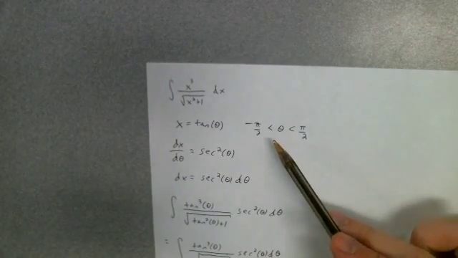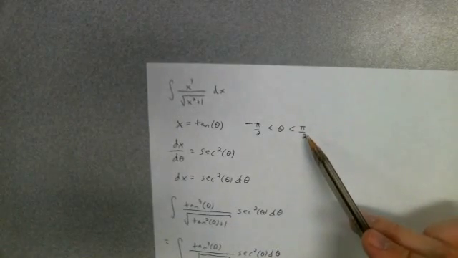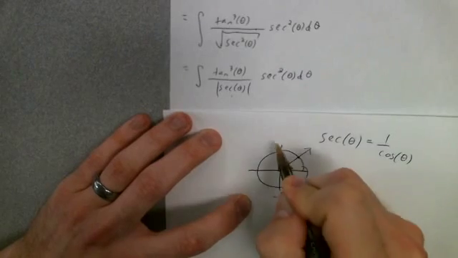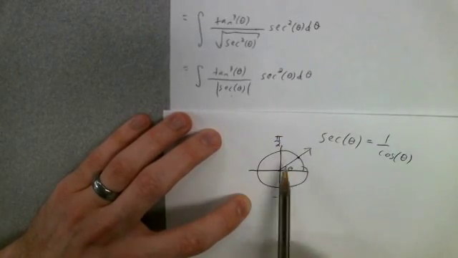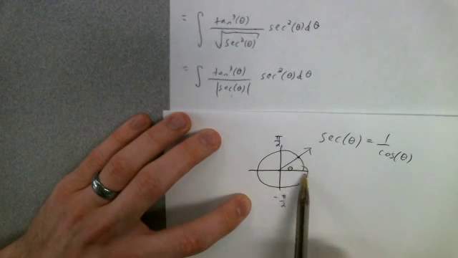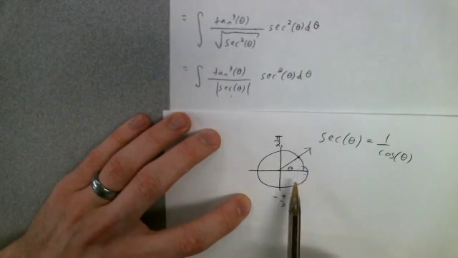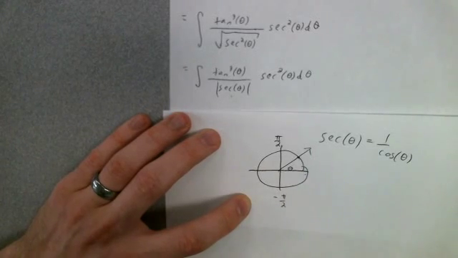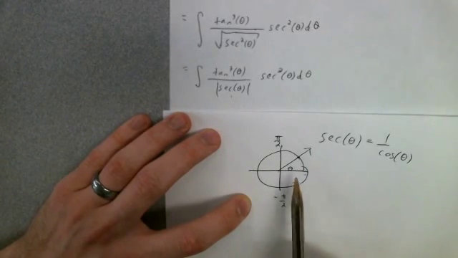Well, look back here. Theta is always between negative pi over 2 and pi over 2. We're working on the right half of the unit circle here. Cosine is always positive on the right half of the unit circle because the x value is always positive there.